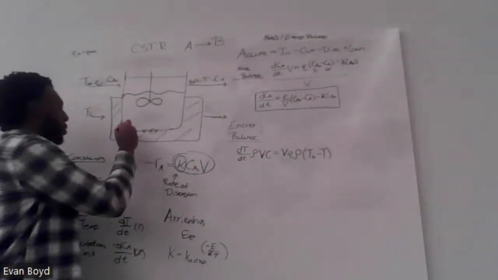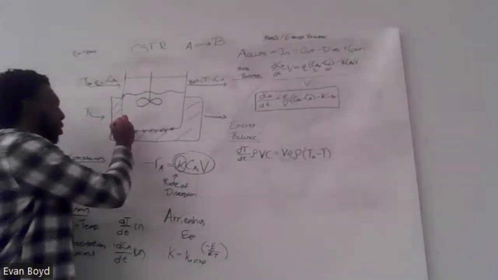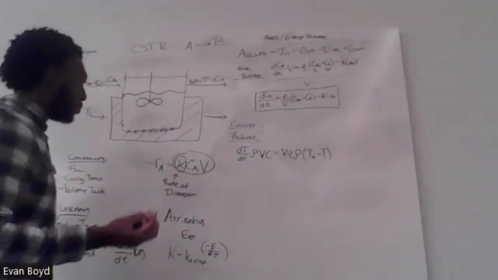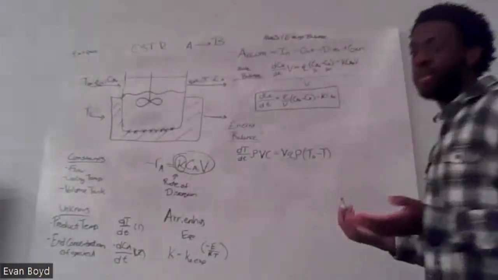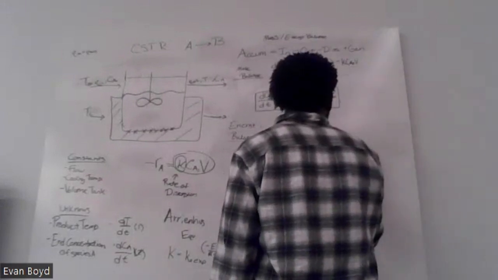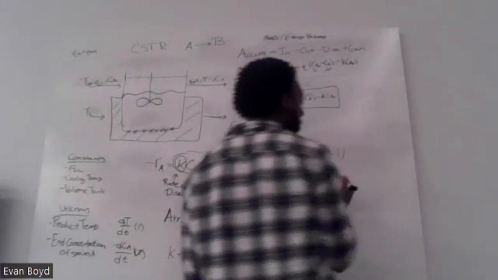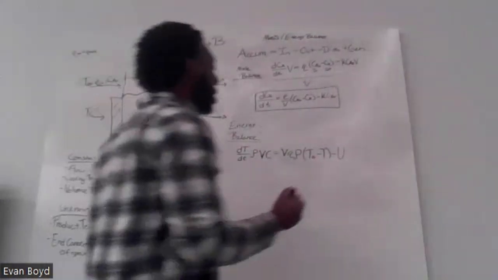So it's the transfer or loss of heat from the bottom and all around the system, which would be the desorption of the energy of our heat. We'll put that as our heat transfer coefficient, which we represent as U, and then we'll multiply that by our area.